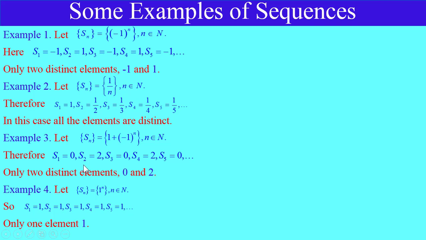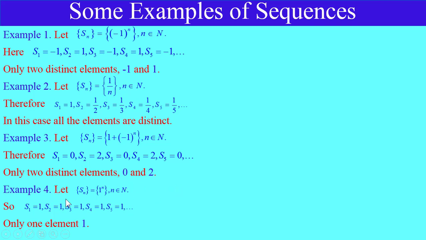For n equal to 2, S2 is equal to 1 plus (minus 1) to the power 2, this is equal to 1 plus 1, this is equal to 2. Similarly, S3 is equal to 0, S4 is equal to 2, S5 is equal to 0. So, only two distinct elements are 0 and 2.